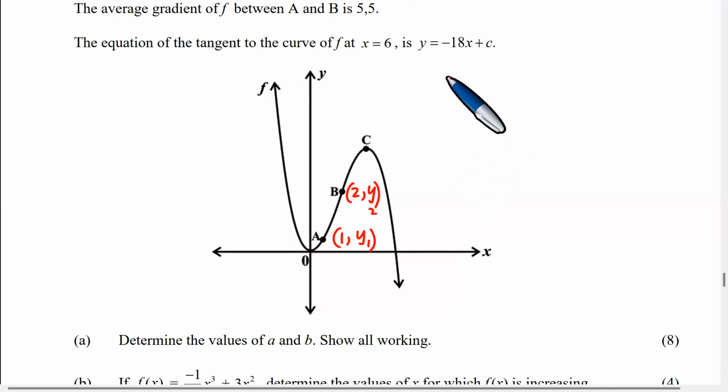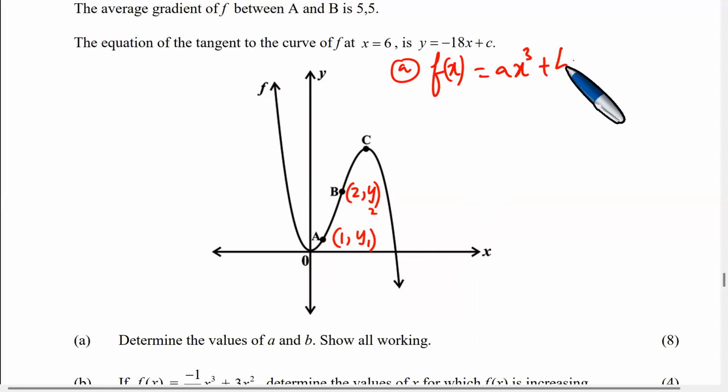For part A, the equation of the cubic function is ax cubed plus bx squared. We need to find the values of A and B numerically. So what do we do?